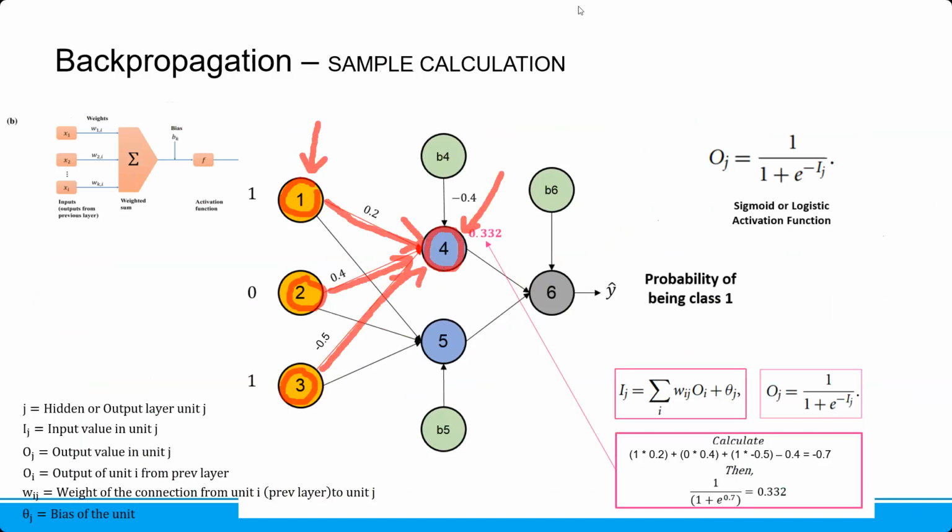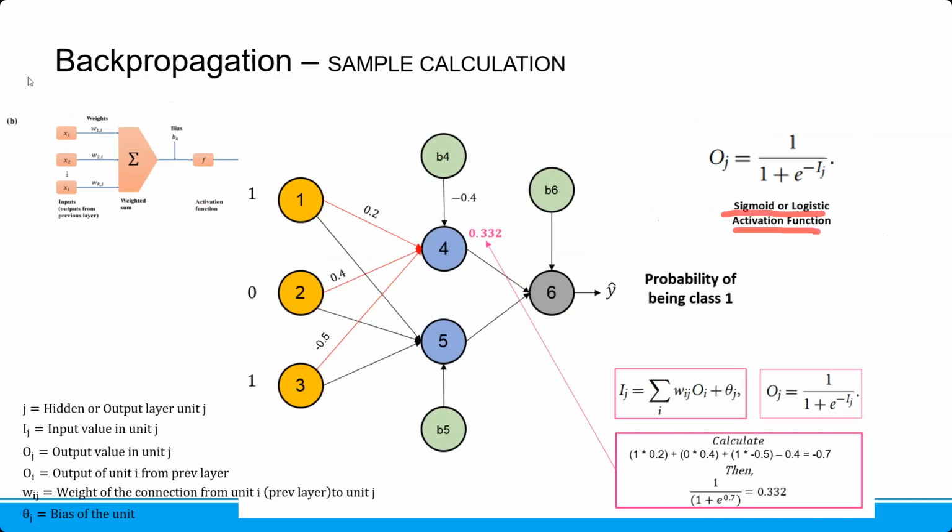And then we also need to consider the bias. There are some activation functions. For this example, let me use sigmoid or logistic activation function.